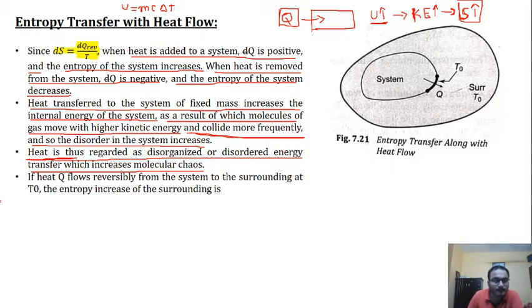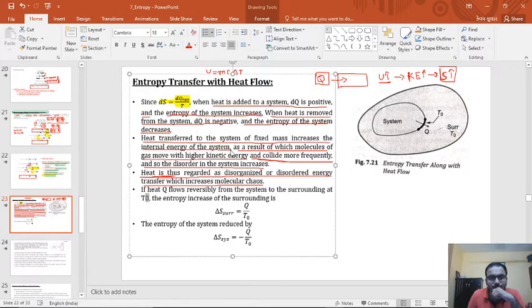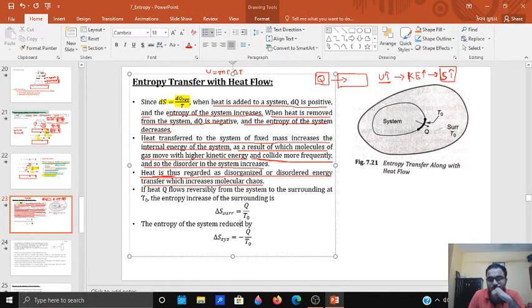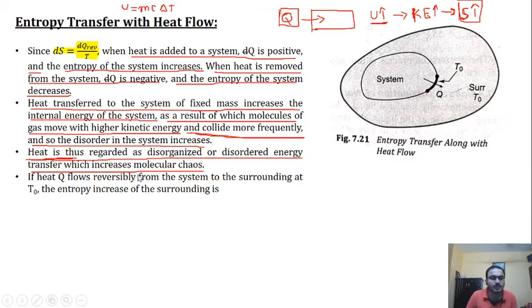Now if heat Q flows reversibly from the system to the surrounding at temperature T0, so exactly now we are discussing this figure.